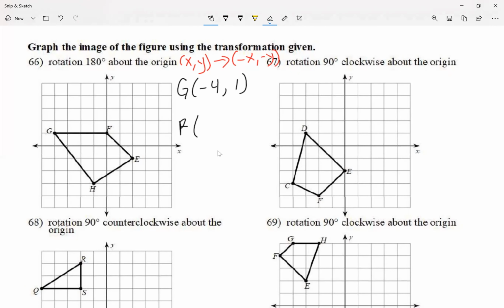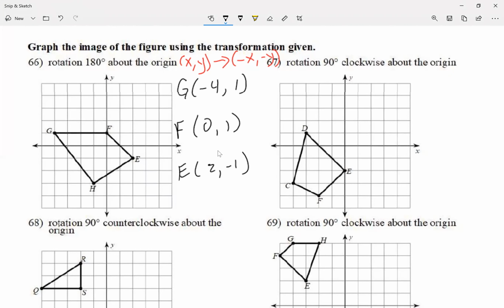Let me fix my F. The coordinates of F right now are (0, 1). Coordinates of E is (2, -1). And the coordinates of H is (-1, -3).